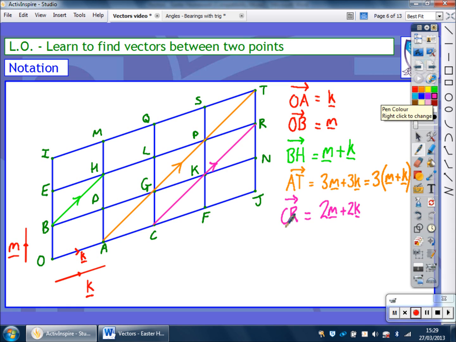C to R, if we factorize that, take the 2 out, and that is also M plus K. It's also going in the same direction as B to H and as A to T. But this time C to R is just twice as big as B to H. So if you want to show that 2 vectors are parallel, you have to show that they have the same vector, but one of them is just some number bigger than the other one.